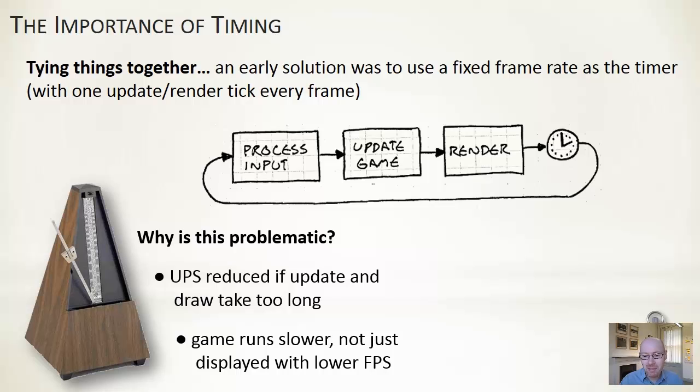And this is problematic because if I'm having to reduce the number of updates that I draw per second, then it's not necessarily only that I'm drawing it slower to the screen, but that the game itself is updating at a slower pace as well. And that can be problematic if I've assumed a particular fixed number of updates per second. In that case, my game will actually run slower, not only be displayed slower. So we want to avoid that particular issue.